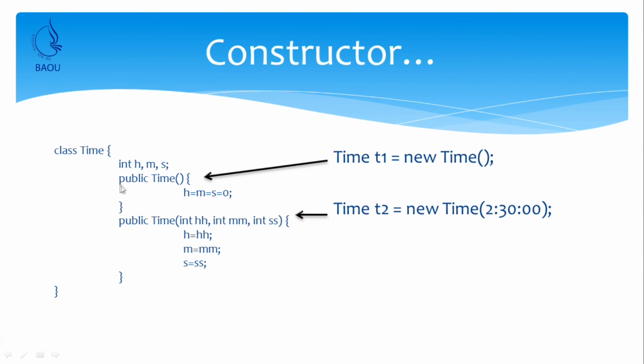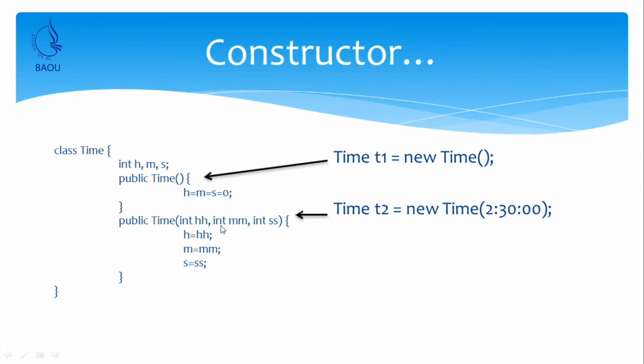So, public is the modifier for this constructor and Time represents the class name. So, we can say it is a constructor and it does not take any argument, and it initializes all 3 instance variables to 0. So, whenever I write down Time t1 is equal to new Time with no parameter, this constructor is automatically called and t1's h, m and s are initialized to 0.